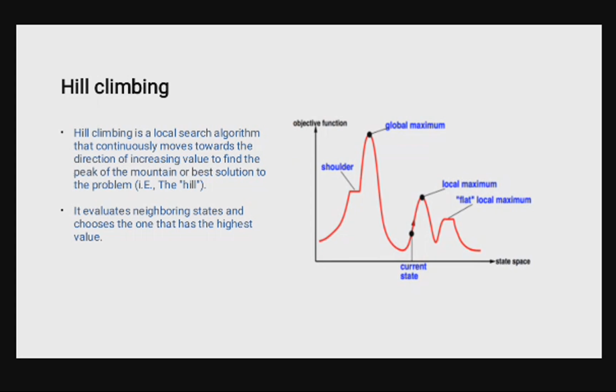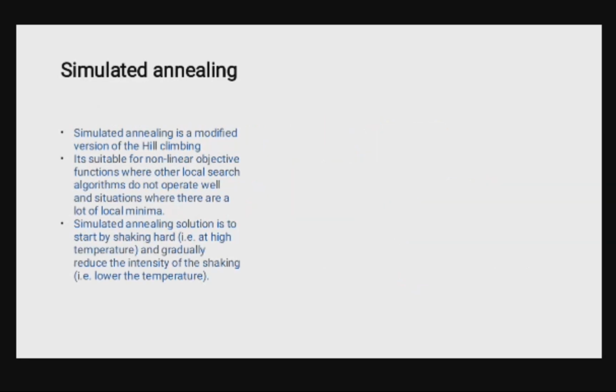The current state is where the agent is, the global maximum is where it's moving towards, then the local maximum is where it has checked, and the other side is increasing, so it takes the other side of the global maximum.